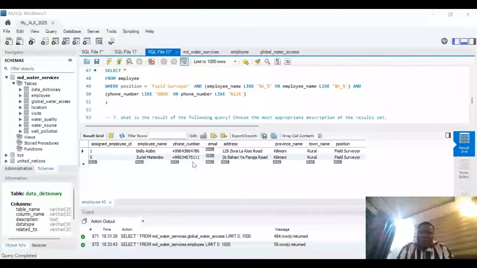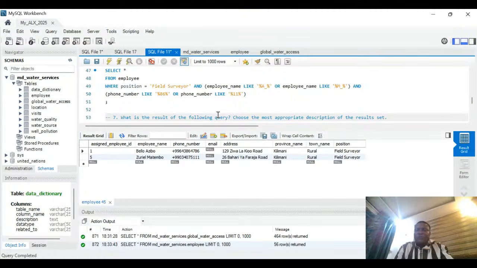Okay, good. The summary is that we are looking for 3 conditions that have to be met for any of these suspicious characters we are talking about. The first is that the position must be field surveyor.